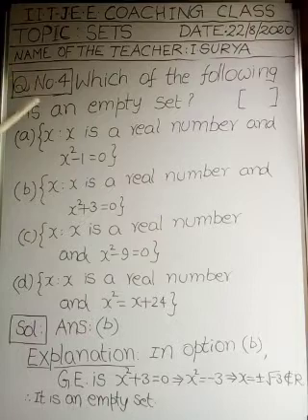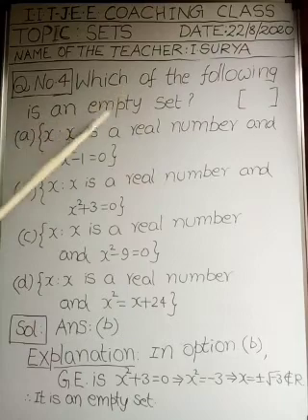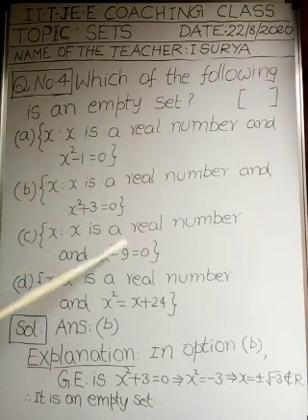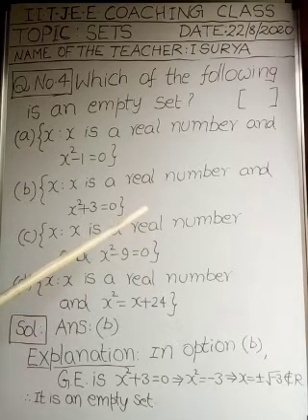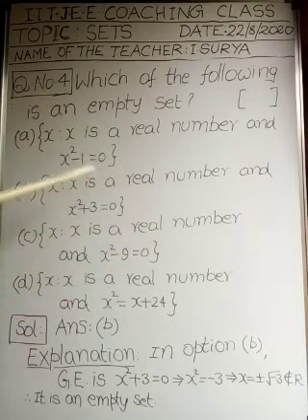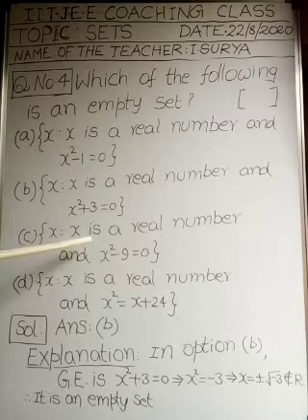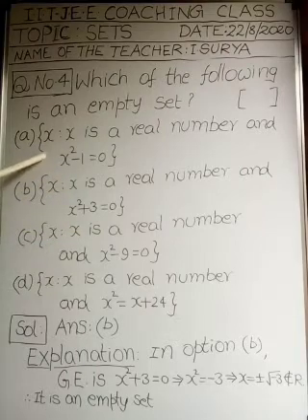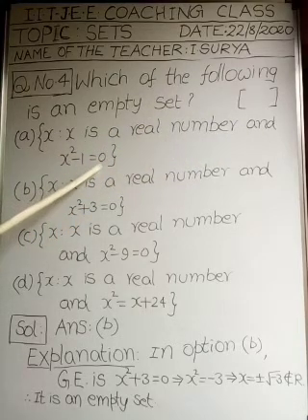Now come to question number 4. Which of the following is an empty set? Here some sets are given. We have to identify which of these sets is an empty set. Okay, my dear children, see the first option. All these sets are given in set builder form. First option, set of all x such that x is a real number and x square minus 1 is equal to 0.